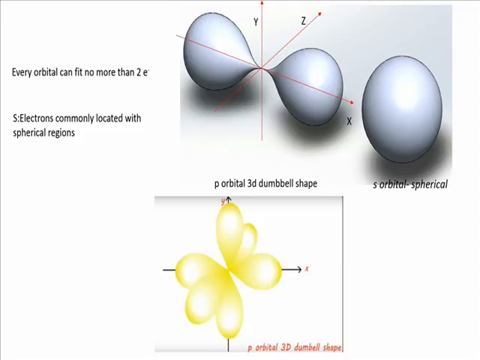These dumbbell shapes show the probability of electrons spinning around the dumbbell. This dumbbell is along the x-axis, and there are two other dumbbell shapes along the y and z axes as shown here. We can discuss this in class more.